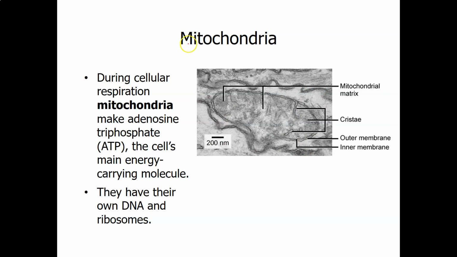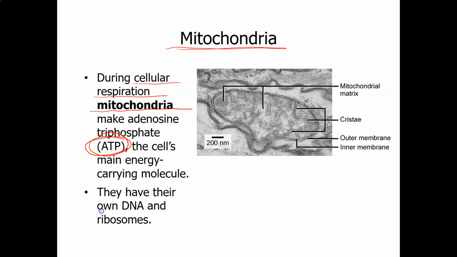The mitochondria, which is found in animal cells and plant cells and the cells of fungi, any eukaryotic cell has mitochondria. And mitochondria is where cellular respiration takes place. The product of cellular respiration is ATP. ATP is used for energy in the cell.